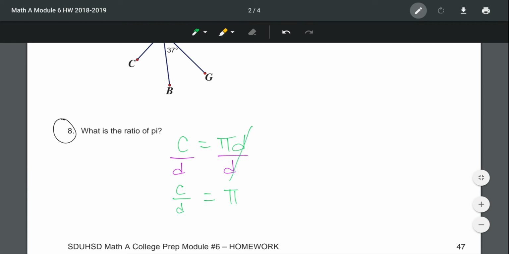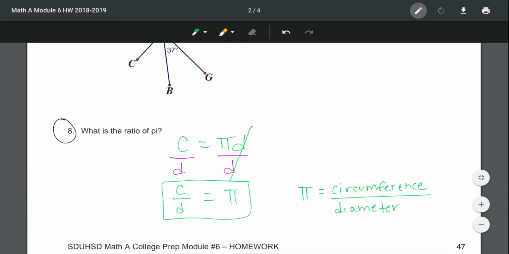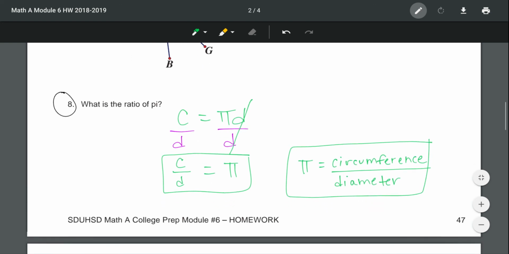And that's because the d's cancel out on the right. So pi will always be the circumference divided by the diameter. So if you take a circle and measure its circumference, and you divide that by the diameter of the circle, you will always get something close to pi.